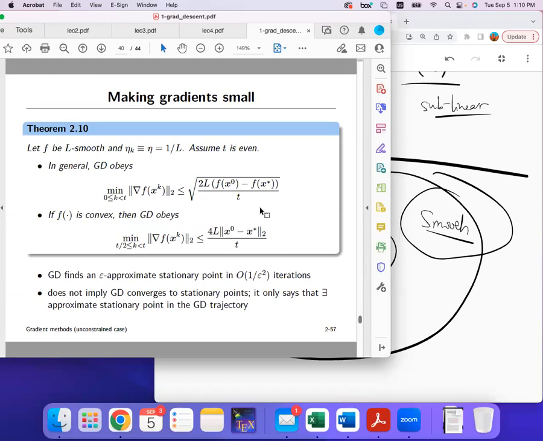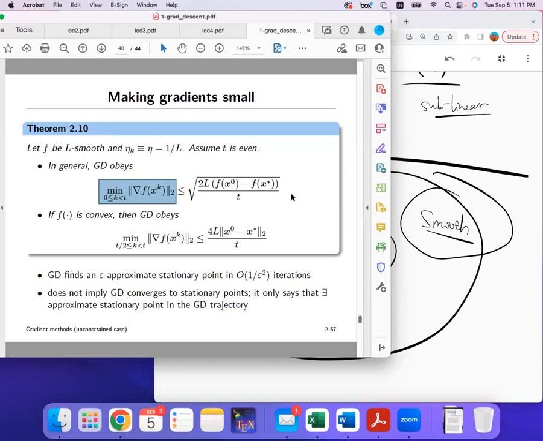For any smooth function, it may not be convex, it could be non-convex. For any smooth function, if we choose step size 1 over L, then we have this control: the minimum gradient among all the iterations is bounded by roughly the square root of 1 over t.